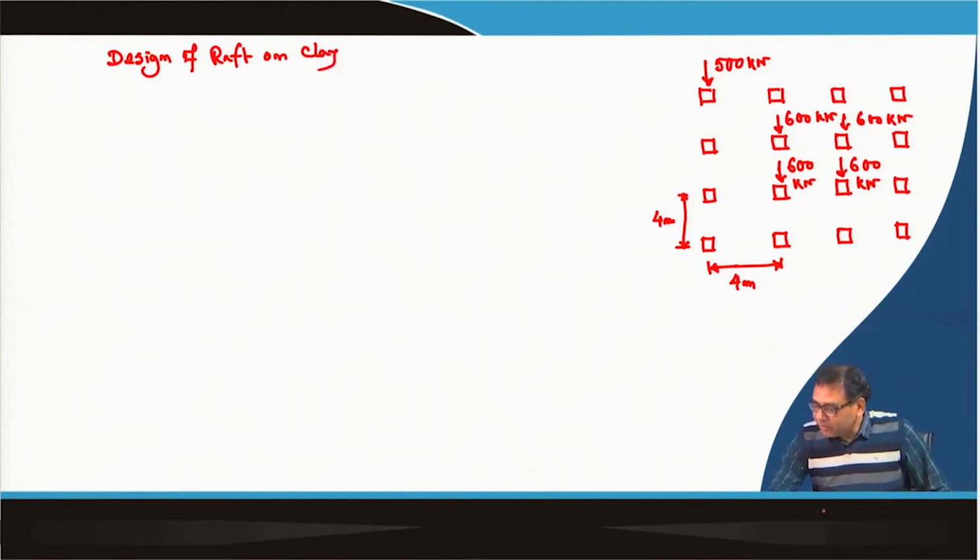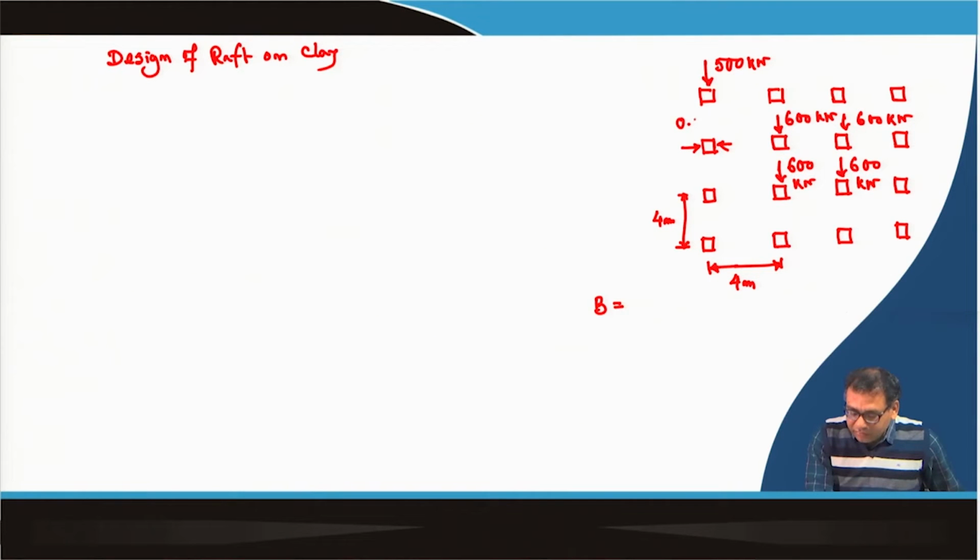So, for the initial trial we will consider the length of the raft. Length or B will be the same, because it is a square pattern of building. We are taking the minimum width. The column dimensions are also given, 0.4 cross 0.4 meter square.